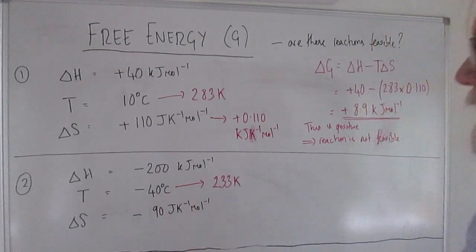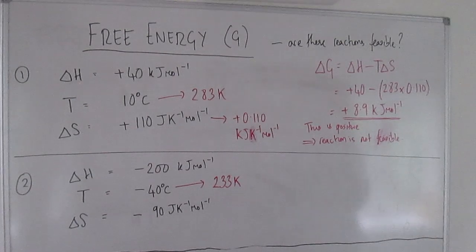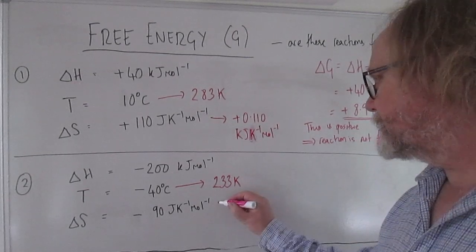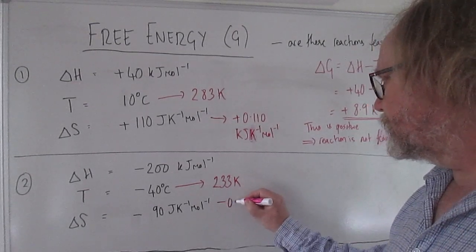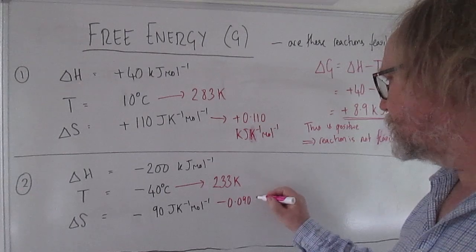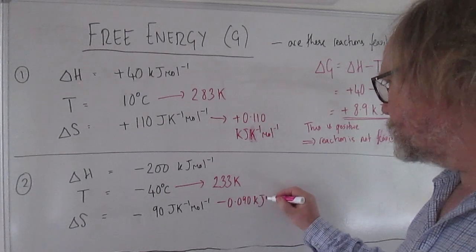Again, be careful about the signs, you don't just add 40, it's minus 40 plus 273. And with delta S, we have minus 90 joules, so we divide by 1000 and we get minus 0.090 kilojoules per Kelvin per mole.